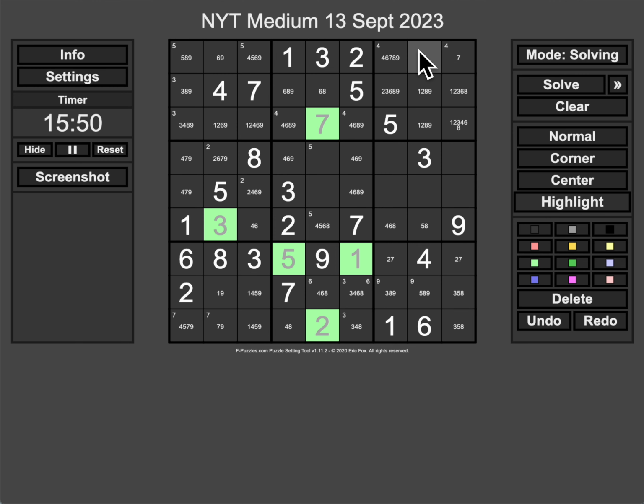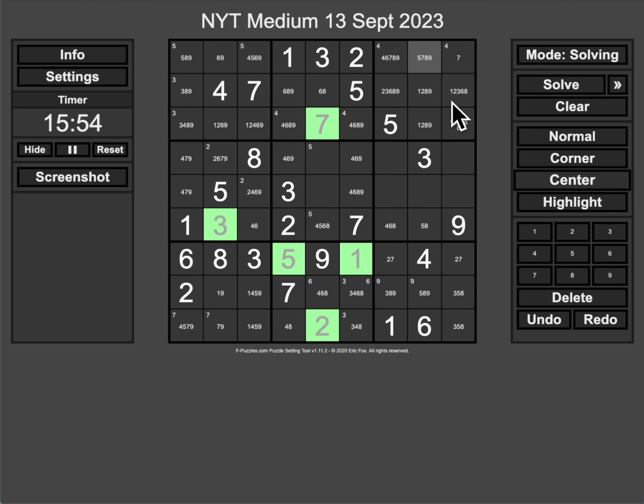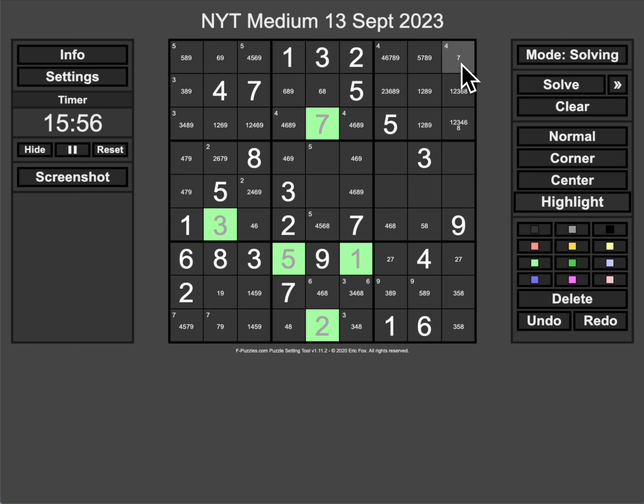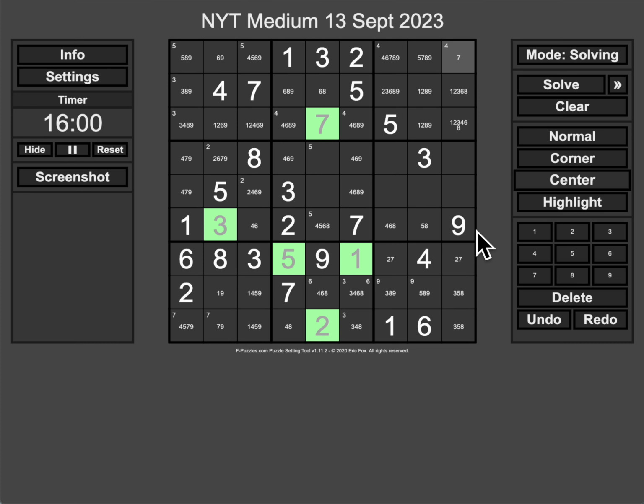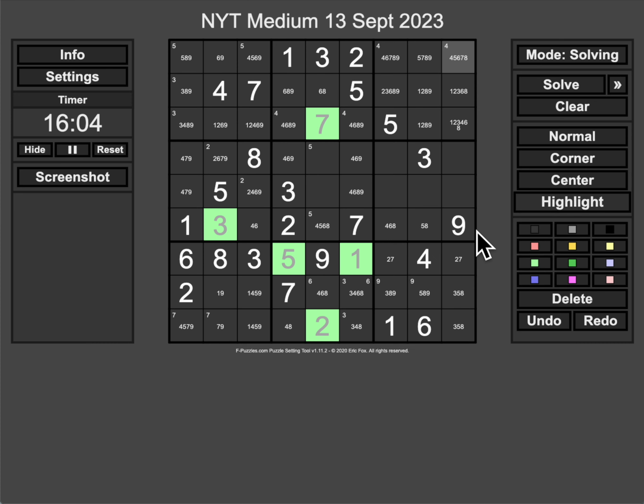That one can't be 1, 2, 3, 4, or 6. That one can't be 1, 2, 3, or 9. There has to be a better way to do this.